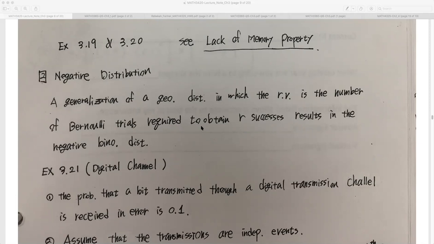In the negative binomial distribution, the total number of trials is not fixed, and the random variable x denotes the number of trials until we get r successes.